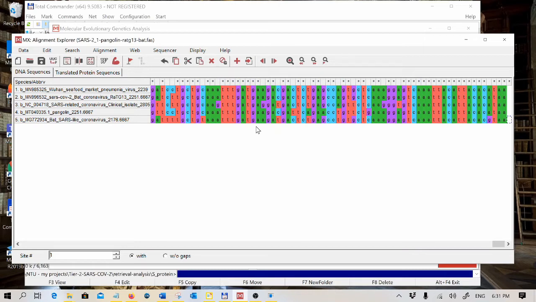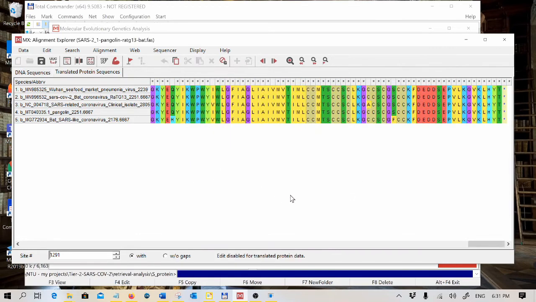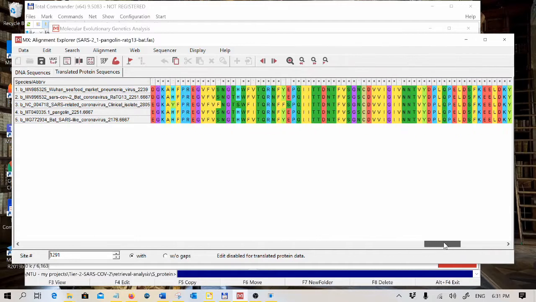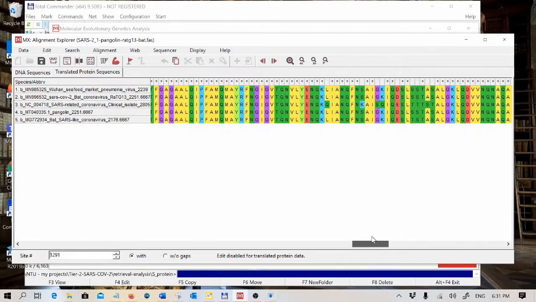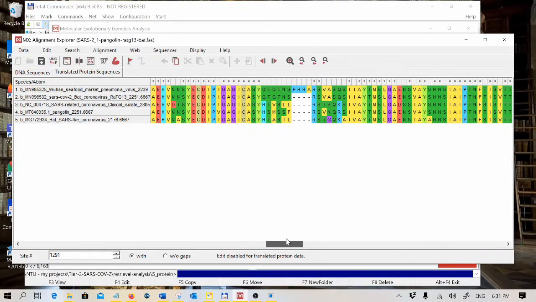If selection is very strongly purifying, then we will see alterations and mutations in the nucleotide sequence and not much in the protein sequence. So like here. Now let's scroll. So we observe here quite strong purifying selection. Let's scroll to the furin binding site.